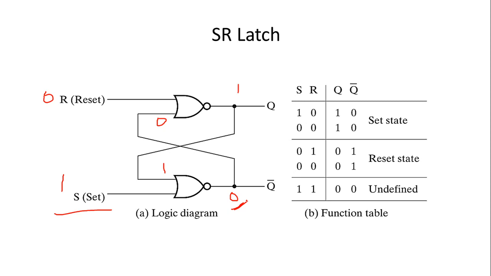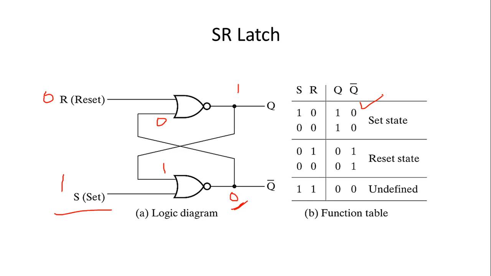So it will stop here and show state 1, which is the set state. Now referring to this row, S is 1, R is 0, Q is 1 and Q naught is 0. It's a set state.